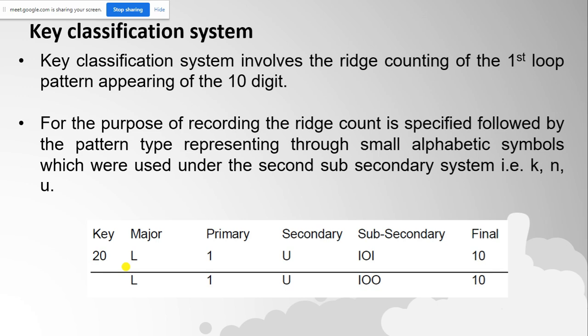So if there is no common way or common method of classifying a particular fingerprint, then it would be very difficult for the countries to look into their databases and identify whether the print is there or not, because if our country classifies it into a different category, they will be deriving a number which will be completely different from the original classification number that America would have stored that print with.